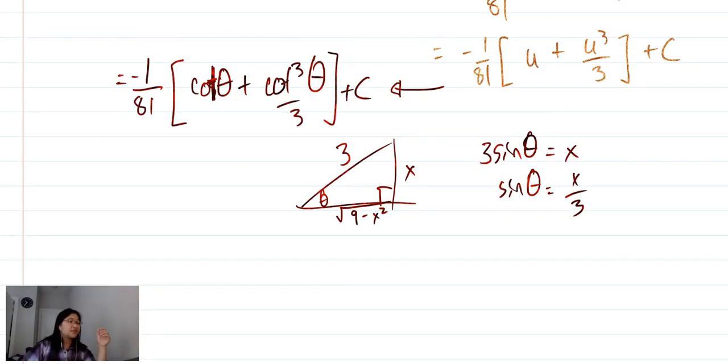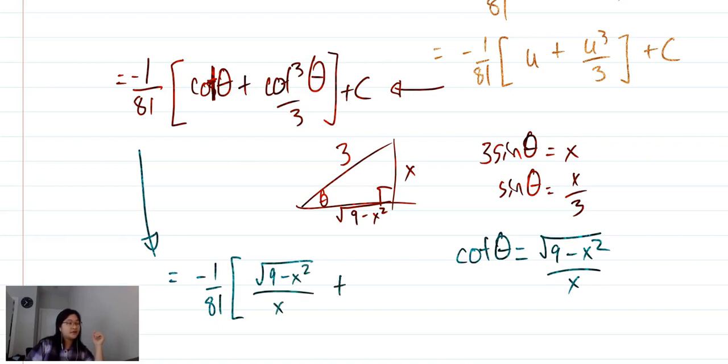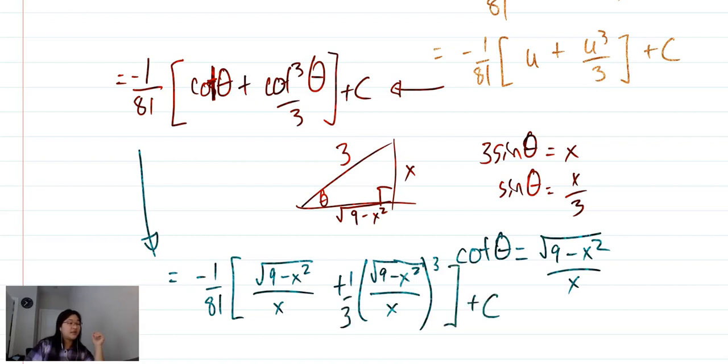Our cotangent theta is going to be adjacent over opposite, so that's root 9 minus x squared over x. So we have this equal to negative 1 over 81 times root 9 minus x squared over x plus root 9 minus x squared over x to the third, with a 1/3 there, and then a plus c. And there you go.